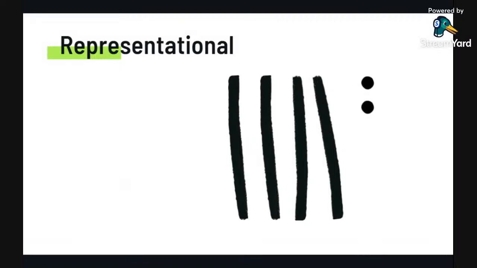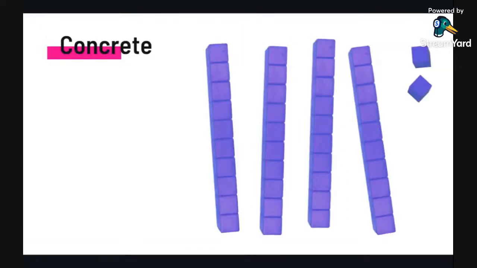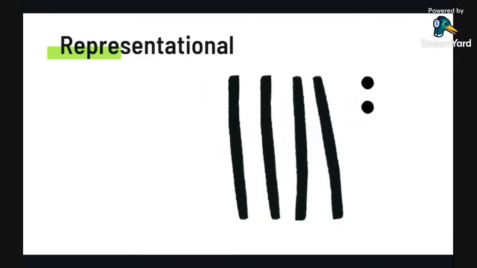Your students can understand that 42 has 4 10s and 2 1s, either by looking at this picture or by using pencil and paper or a dry erase board and a marker to draw this for themselves. Is it as supportive as the concrete model that your students could build and manipulate? No, but it is still supportive of your students in general in helping them to understand that topic.